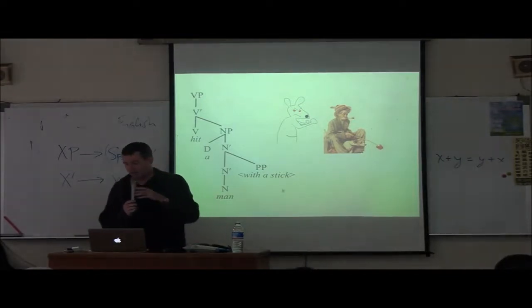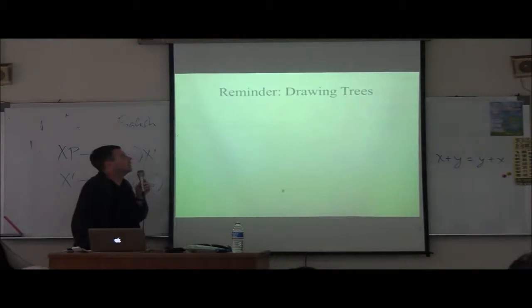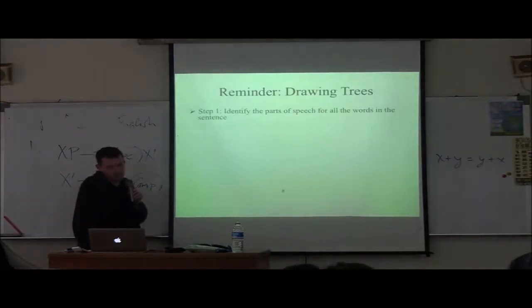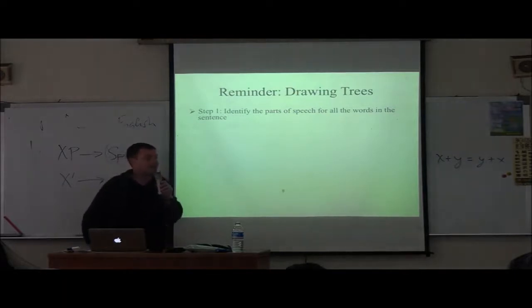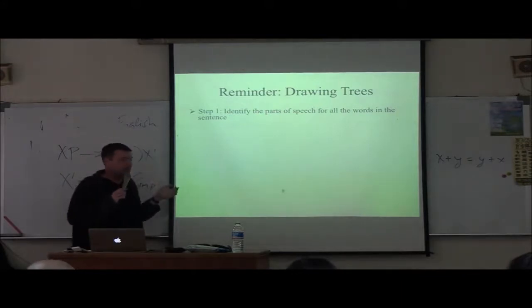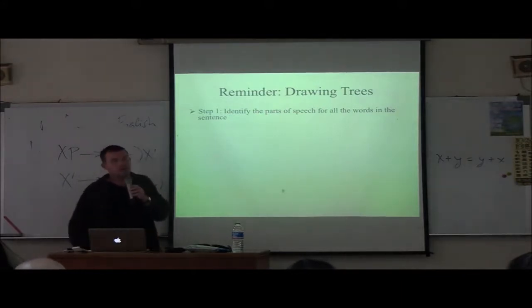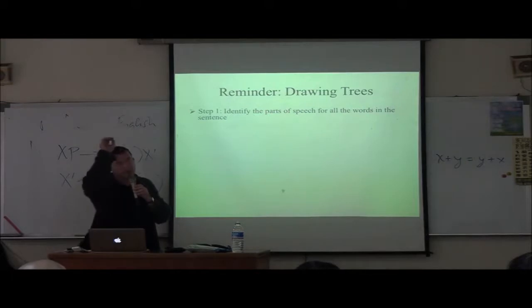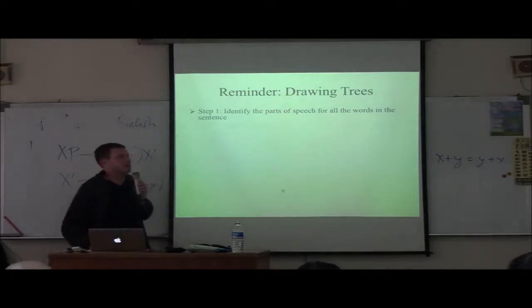Okay. So, when you draw trees, first identify the categories of the words. Look, this is one way of doing it. You can do this in any order you want to. If you want to work from top to bottom or bottom to top, it's up to you.